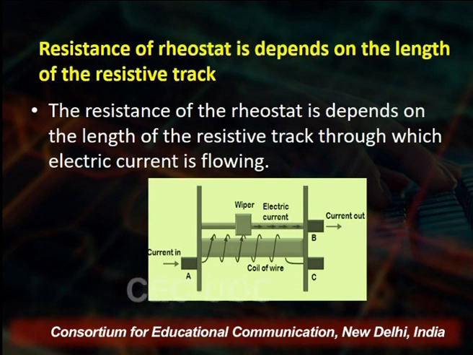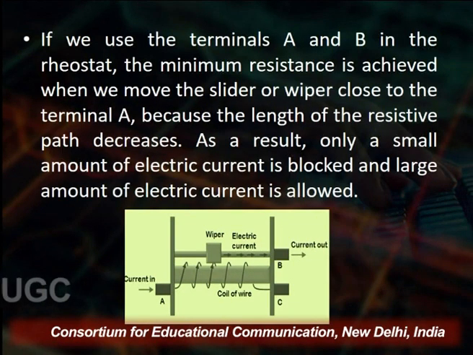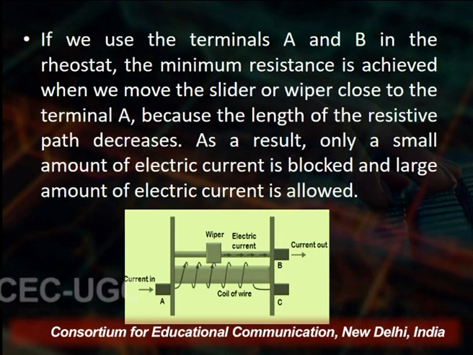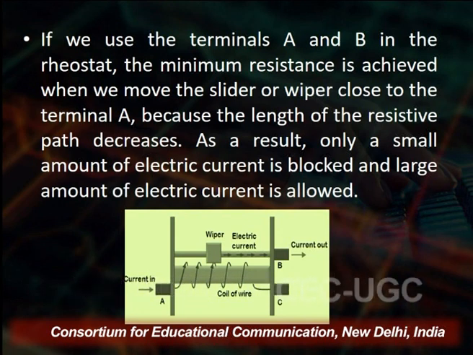So the resistance of the rheostat also depends upon the length of the resistive track through which the electric current is flowing. If we use terminals A and B in the rheostat, the minimum resistance is achieved when we move the slider or the wiper close to the terminal A. It means when we put it on the left hand side, we have the minimum resistance.